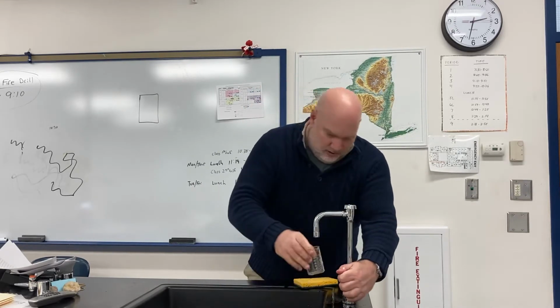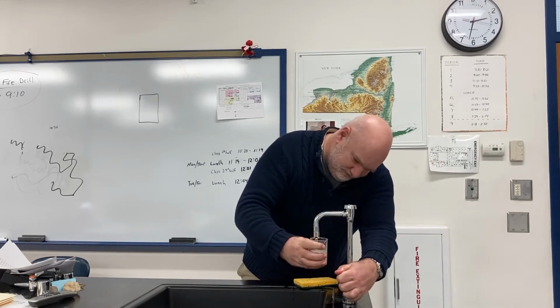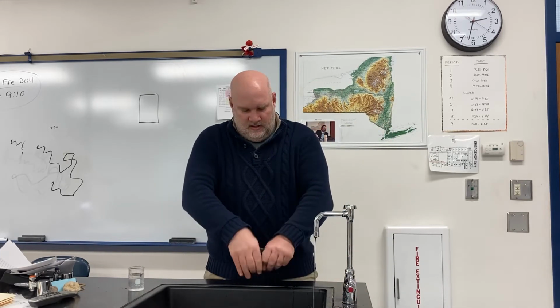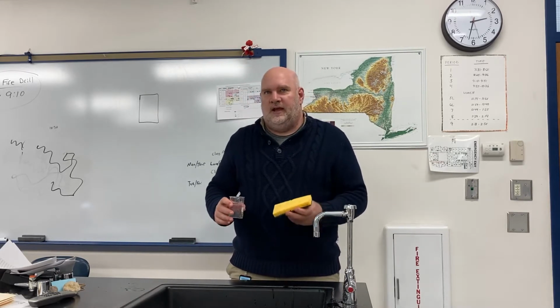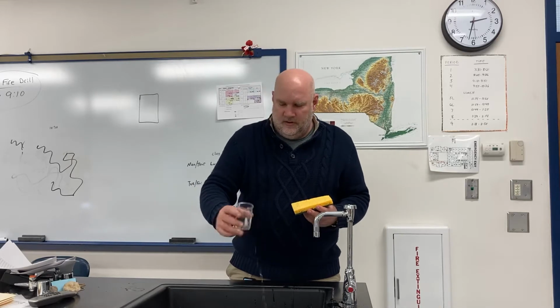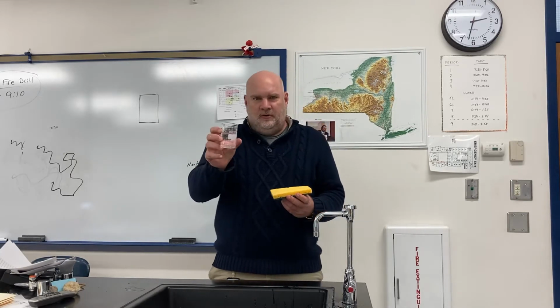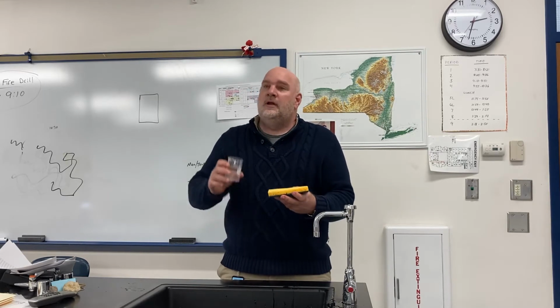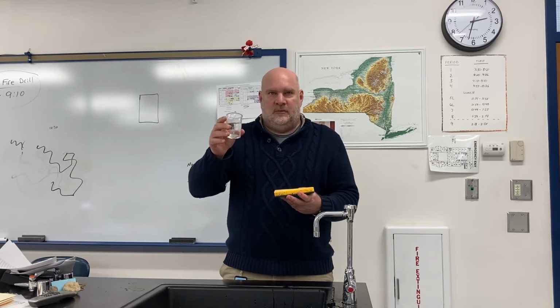Here we've got a sponge. Let's say that it was an all-day drizzle. So it's raining, and all day there's a drizzle. I'm going to pour about 100 milliliters of water onto the sponge. The sponge represents the ground, and this represents how much rain fell.